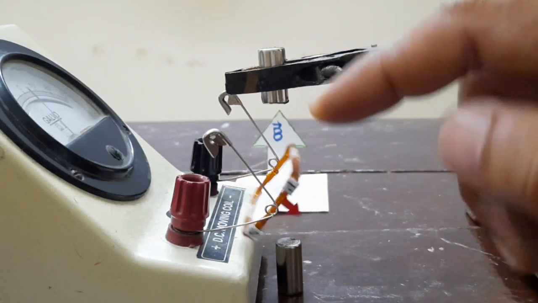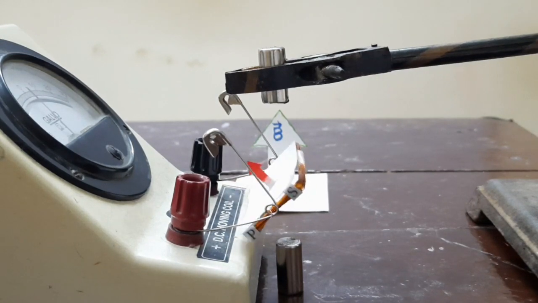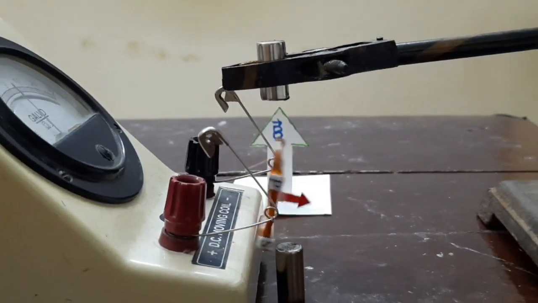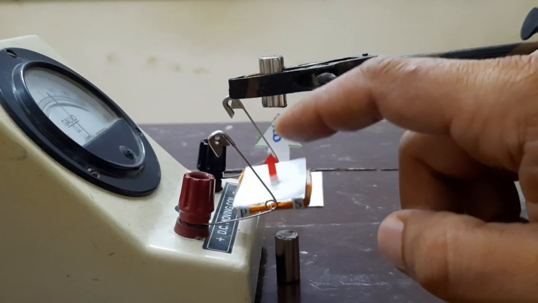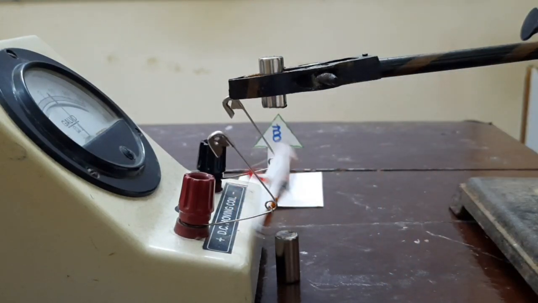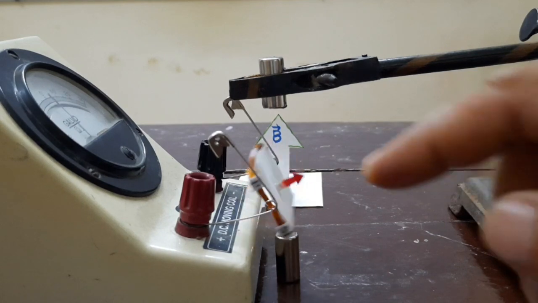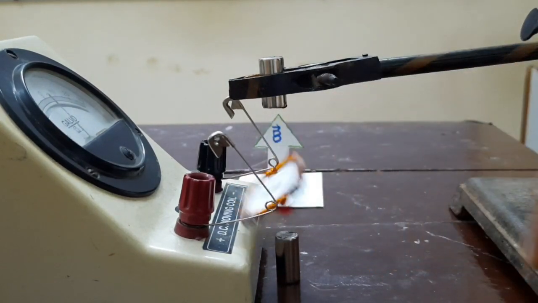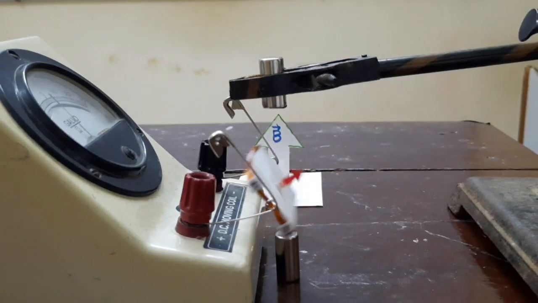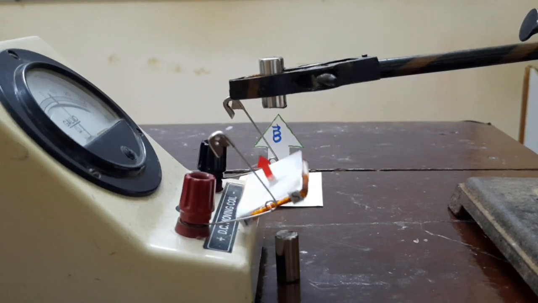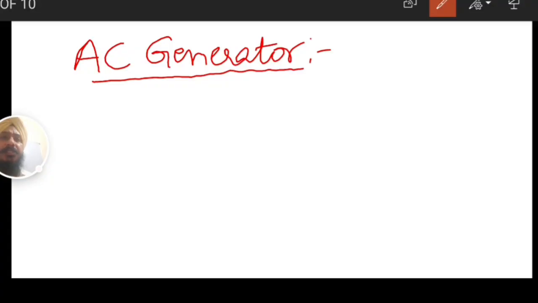As you can see, towards the top left corner of your screen is the needle of the galvanometer. You can see it oscillating about its mean position. AC generator.